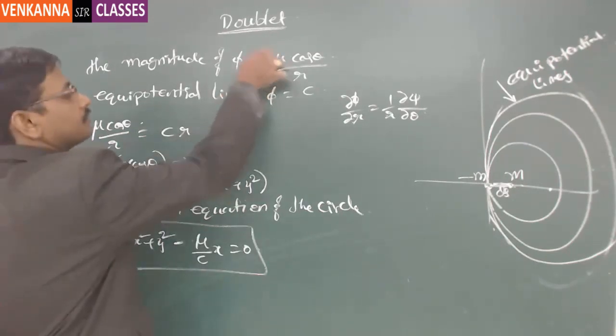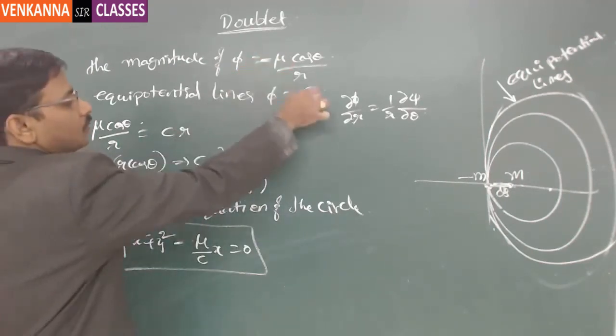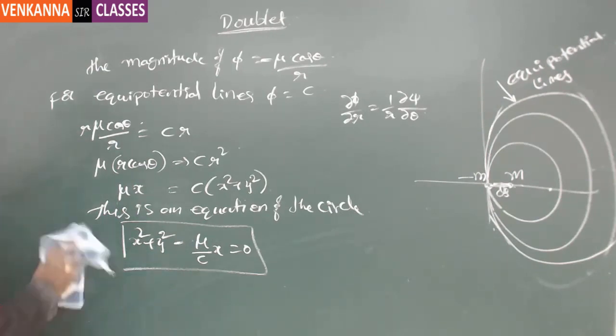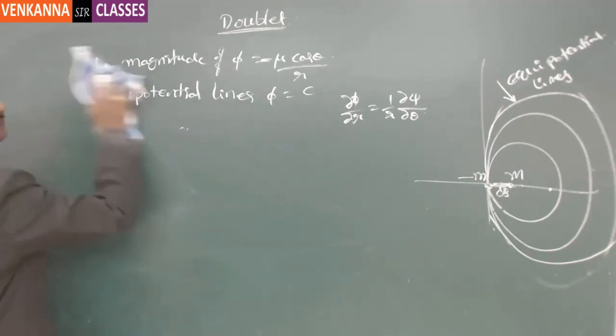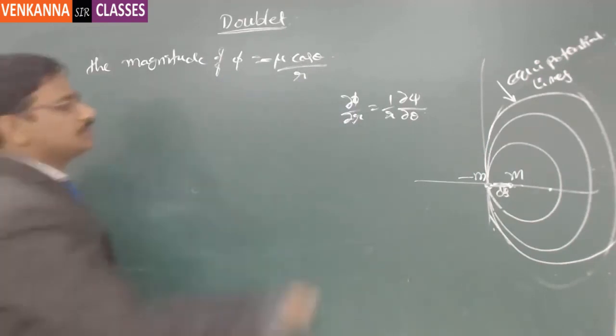This is minus, but even so, the constant mu can incorporate that negative sign. So from the CR equations.